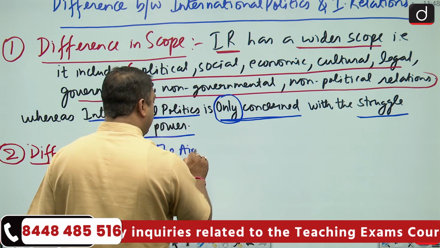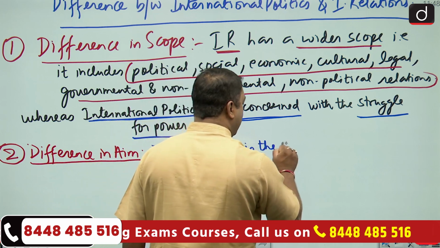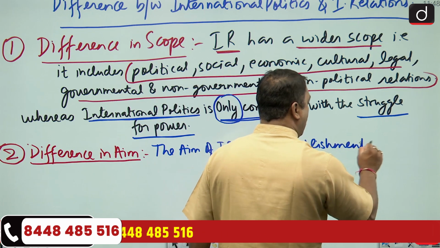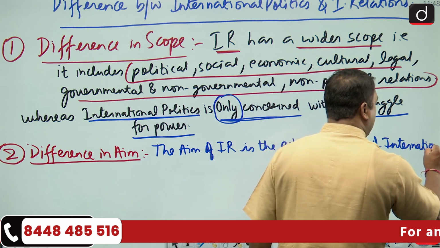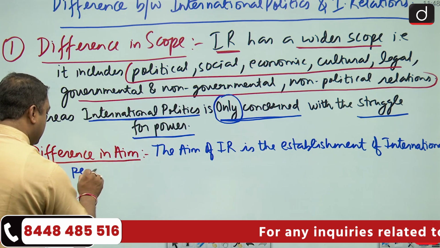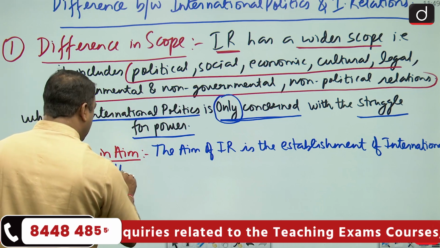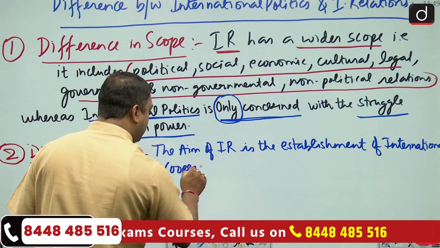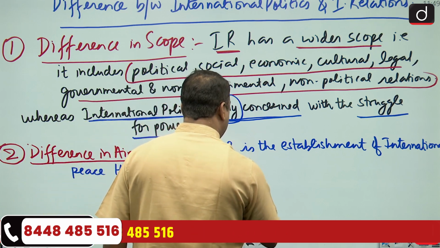The aim of international relations is the establishment of international peace through cooperation and agreement.